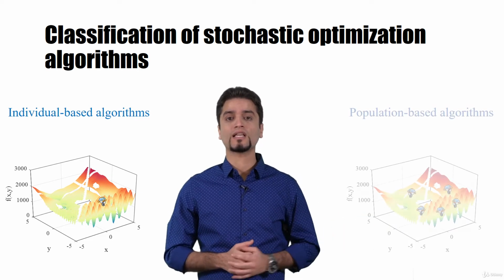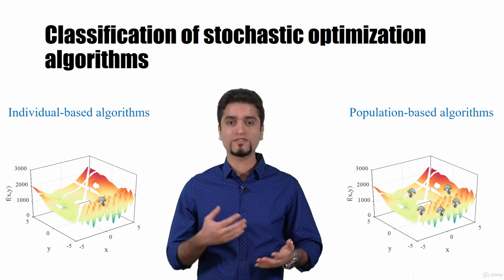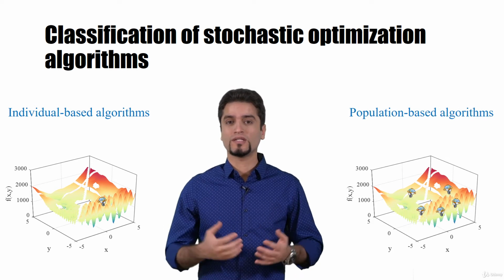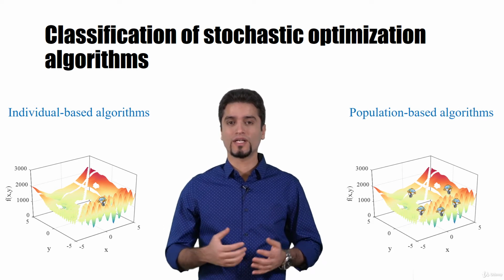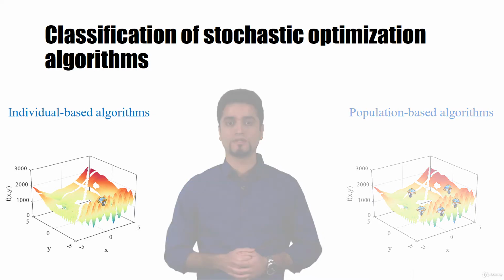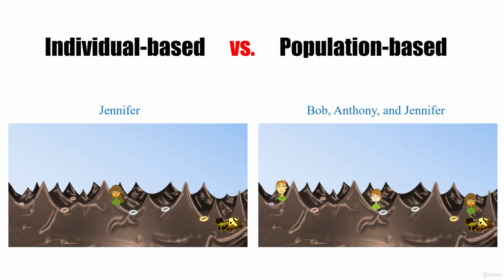In the second class, however, a set of solutions is employed to determine the global optimum for a given optimization algorithm. In our analogy, if one person searches for the global optimum, the entire search process is individual based. If more than one person looks for the treasure, however, the search process is population based.